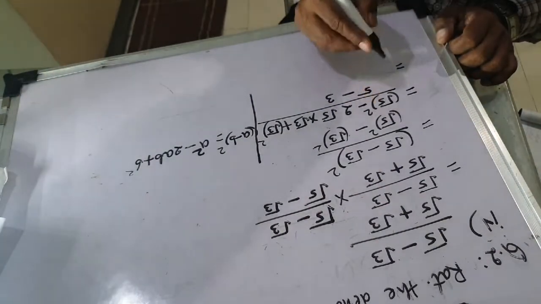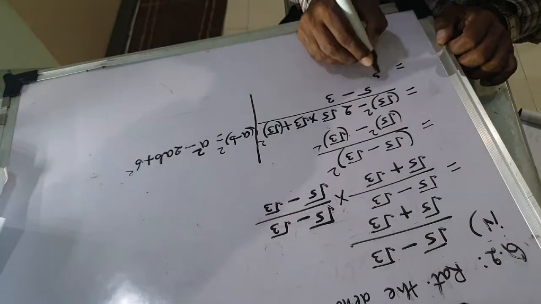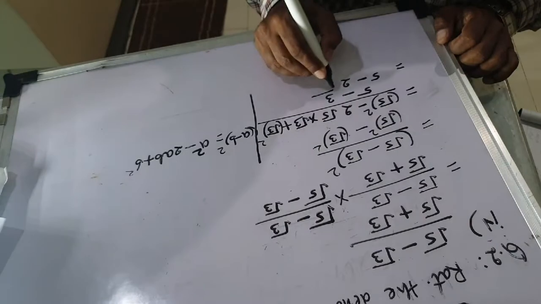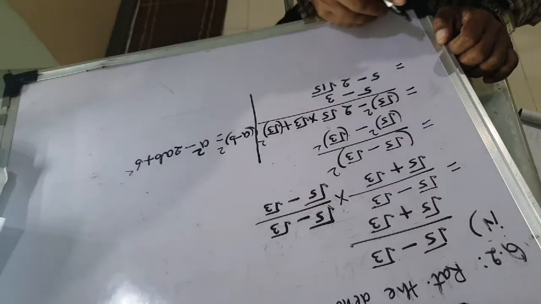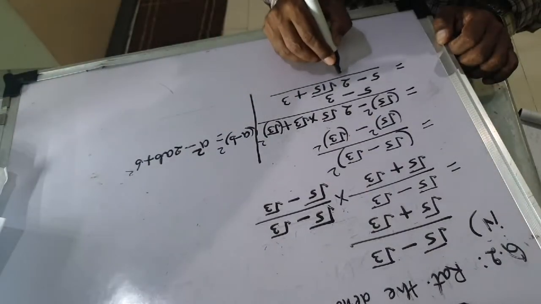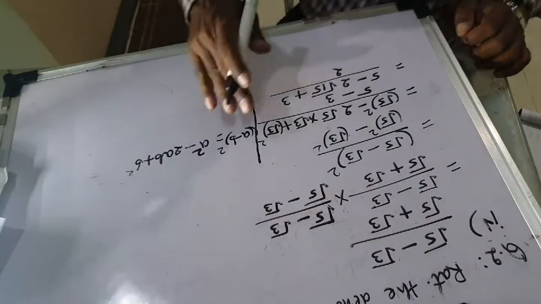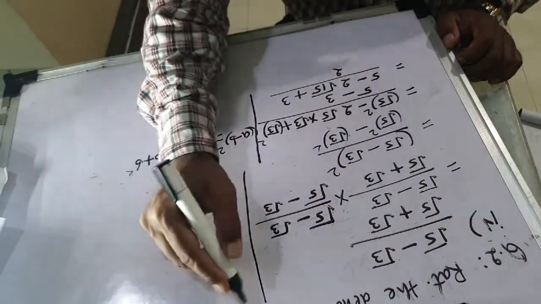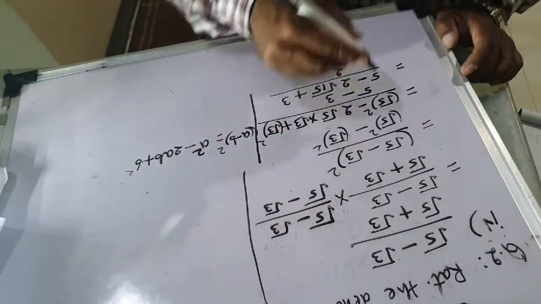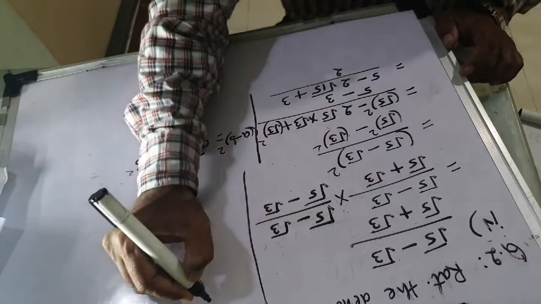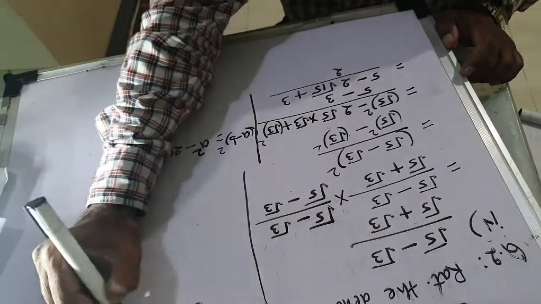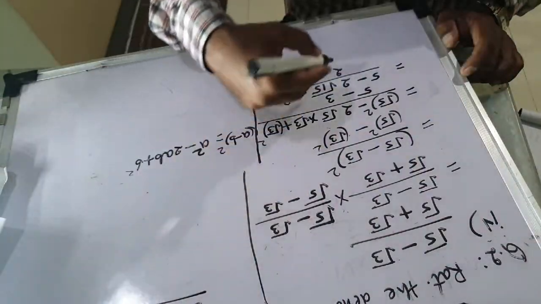So that is equal to root 5 square is 5 minus 2, now we will do it directly, root 5 into 3 is 15, plus root 3 square is 3, upon 2. So that is equal to, now this part I will do here. This was for your homework. So this 5 plus this 3 is 8 minus 2 root 15 upon 2.